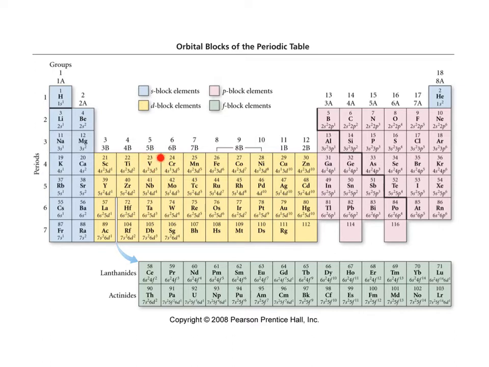and it's right here. So you can use this simplified, abbreviated notation referred to as the core configuration and then the valence electrons. So what you do is you take the electron configuration of the rare gas element that is right before it. So vanadium is 23, 22, 21, 20, 19, and 18.